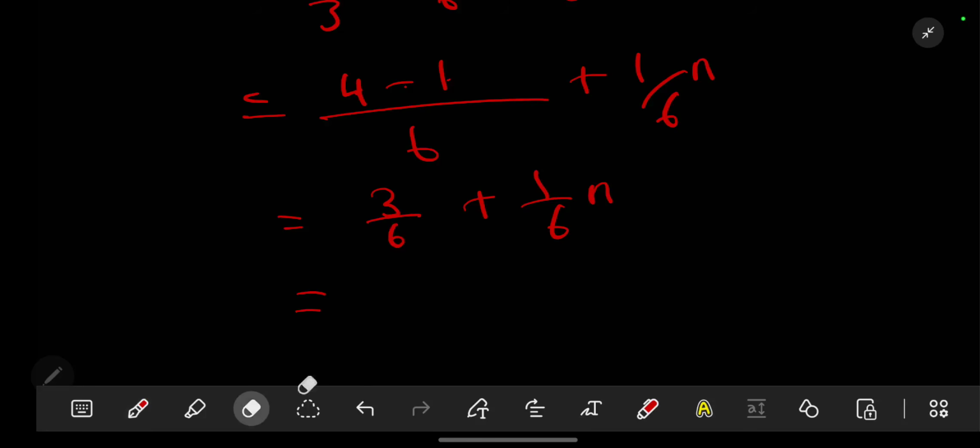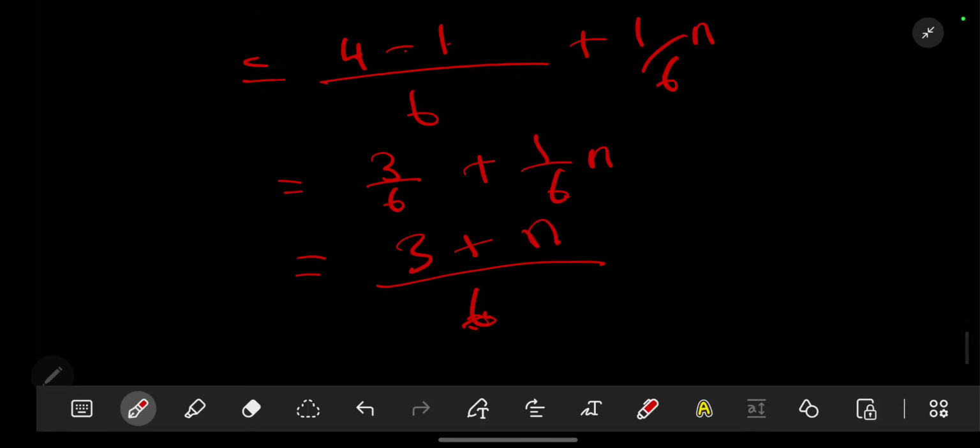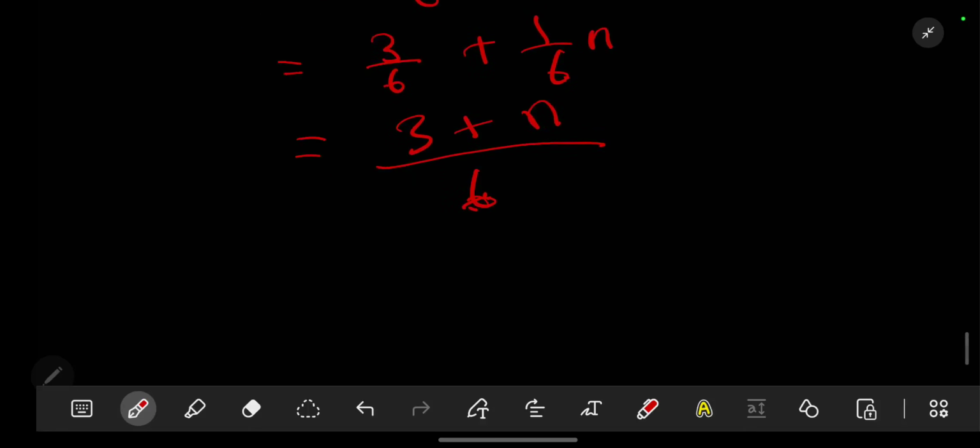So that when you find the common denominator, we have 6 divided by 6 is 1 times 3, so we have 3 plus 6 divided by 6 is 1 times n, it will be n, like that.